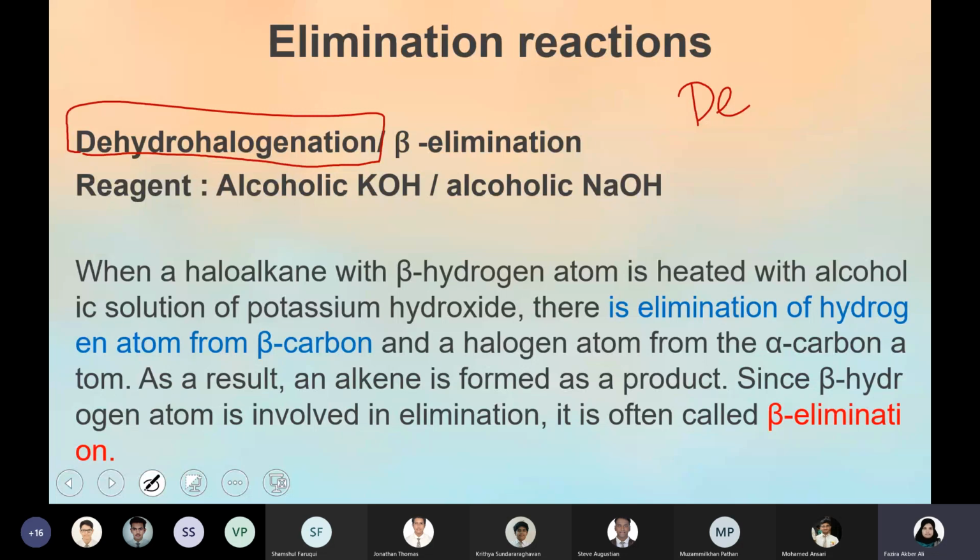So removal of hydrogen and halogen happens and it follows the beta elimination mechanism. That is how elimination reactions of haloalkanes are followed with the beta elimination.